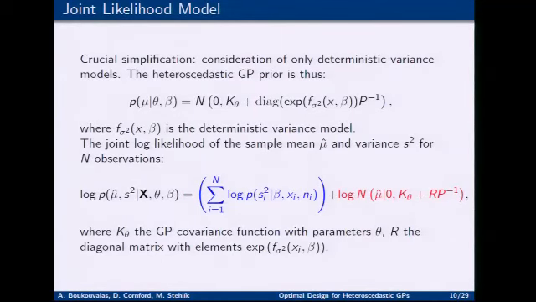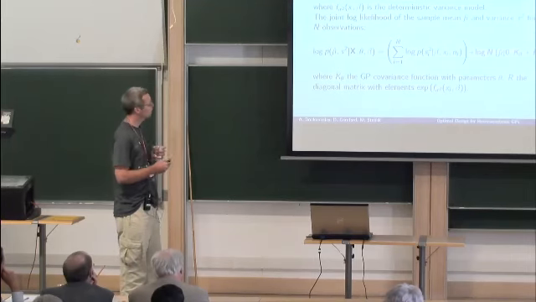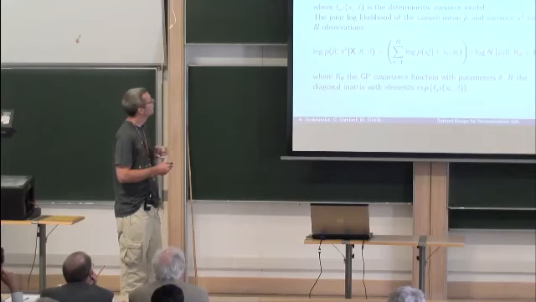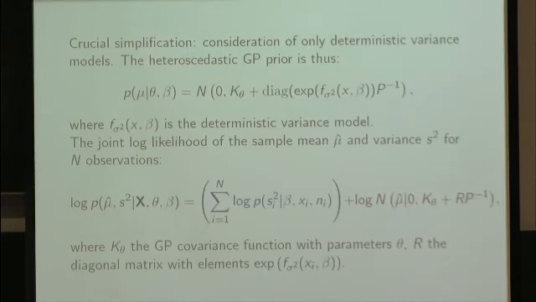So the joint likelihood model. What this means is we have a deterministic variance parametric model, and typically the prior can be written in this way. Because our focus, and I should have mentioned that before, is on the estimation of the kernel parameters, not the mean parameters, just like in Zuluaga, we assume a 0 mean prior for the Gaussian process, and kappa_theta is your standard Gaussian process kernel.